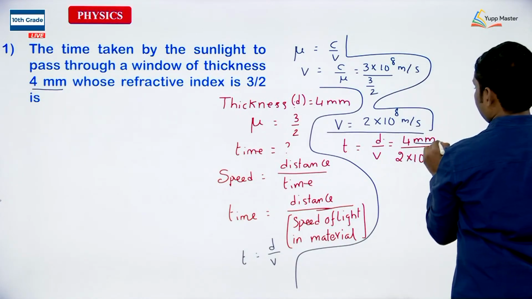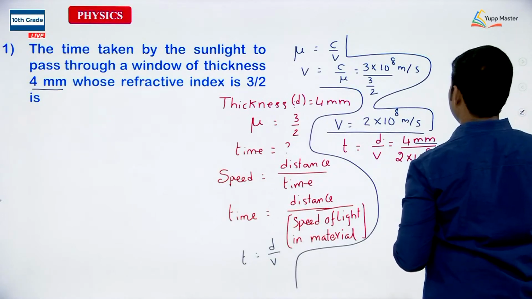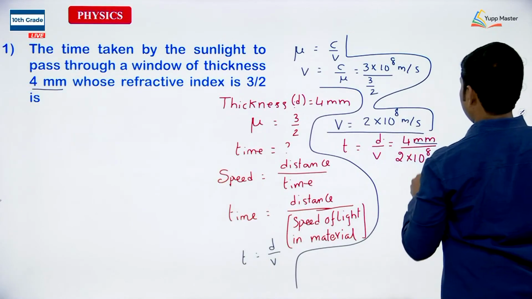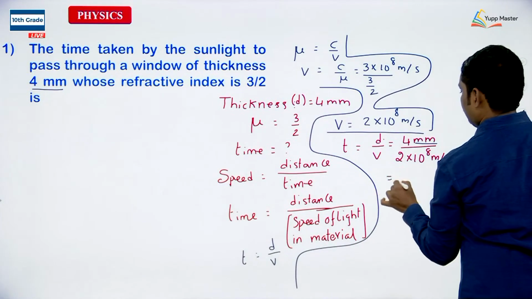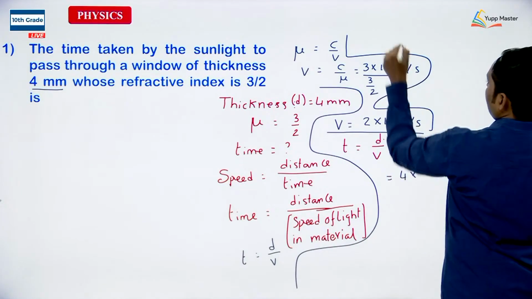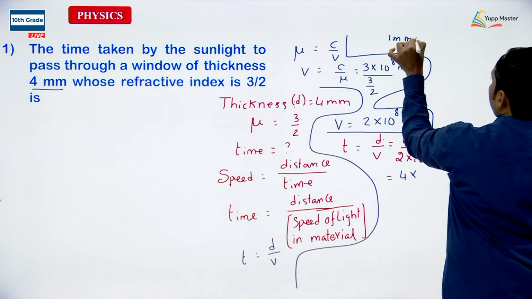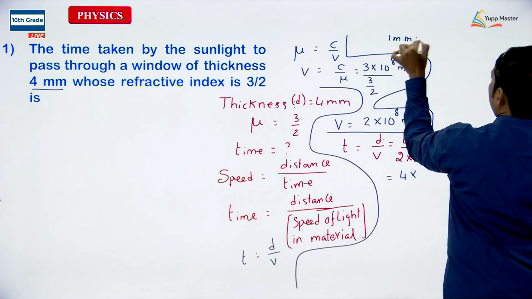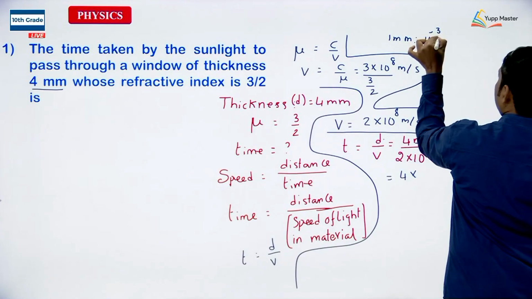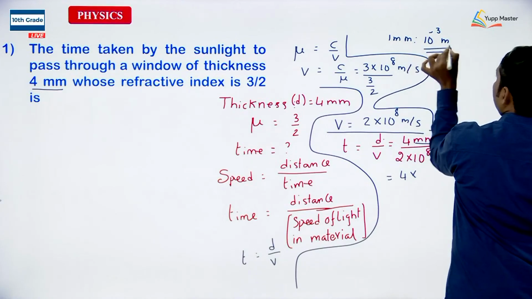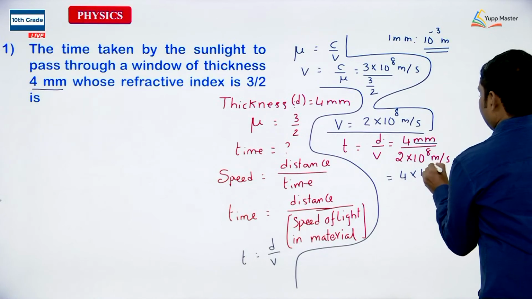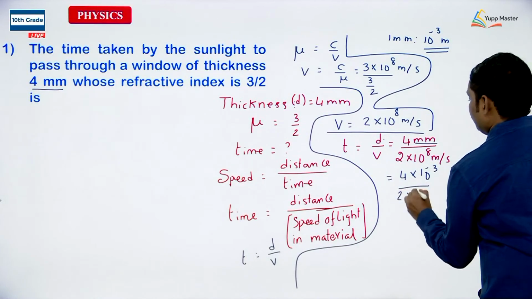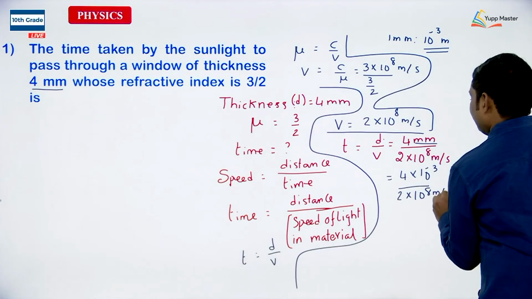You are going to express this value: 4 into 10 power minus 3 meter, divided by 2 into 10 to the power of 8 meter per second.